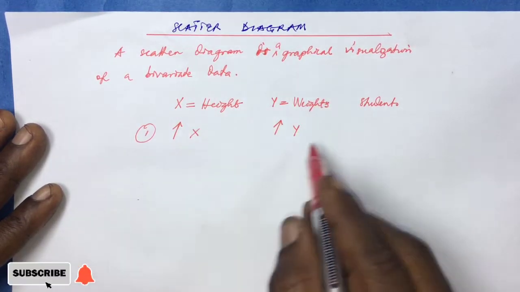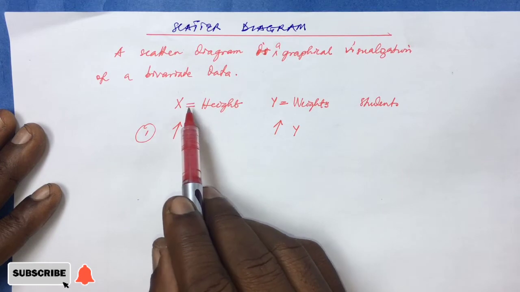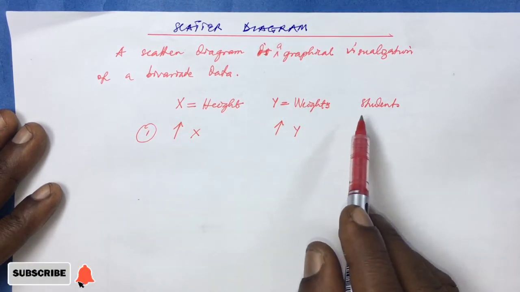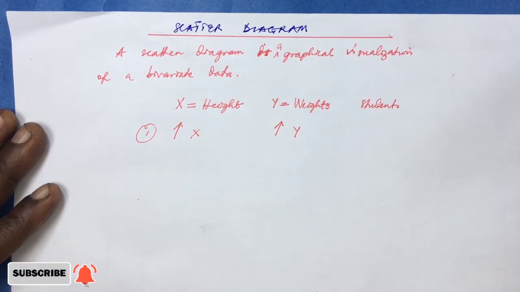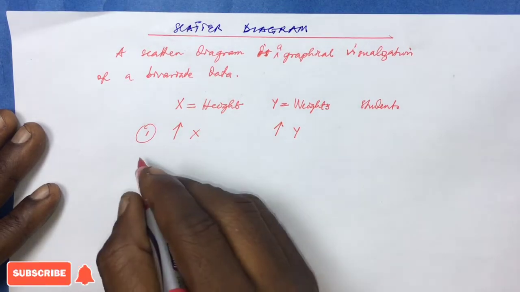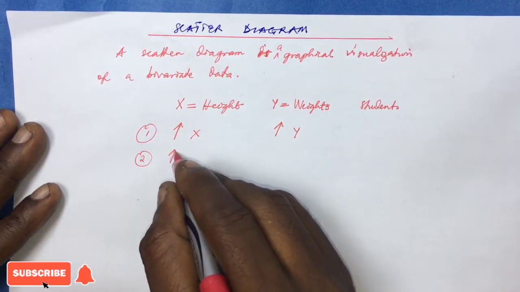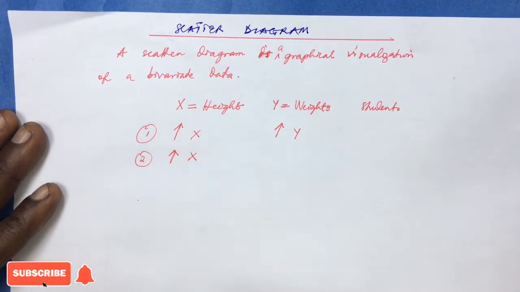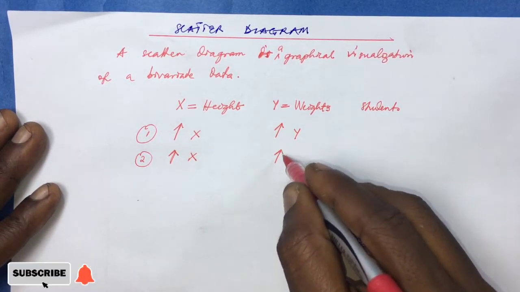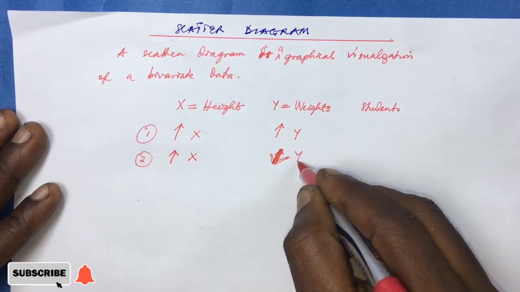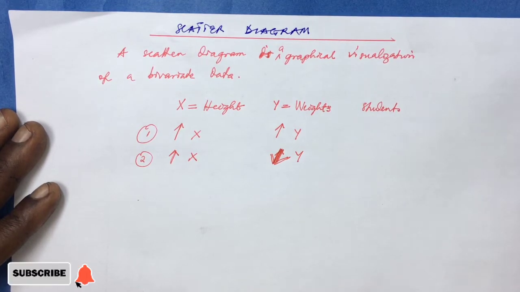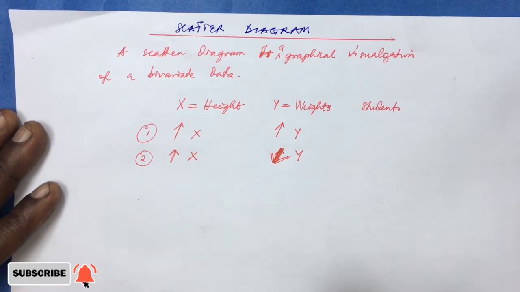Another consideration may be, could it be that an increase in the height results in a decrease in the weight? That may be a second consideration to determine association between X and Y, the two variables.